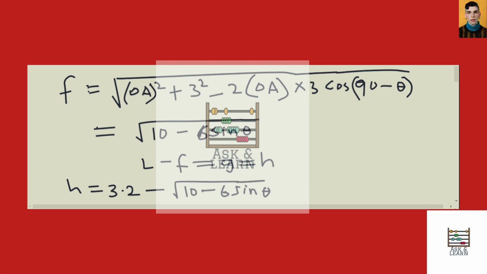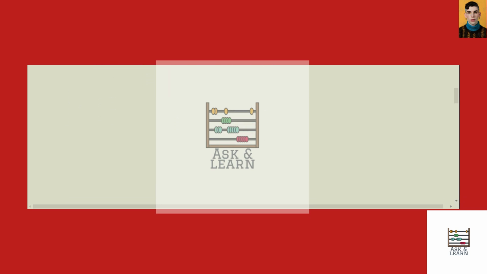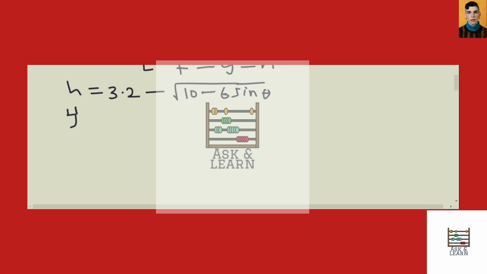Now, having gotten that, we can get y subscript 2, which is equal to 3 minus h, so 3 minus 3.2 plus the root of 10 minus 6 sin theta.